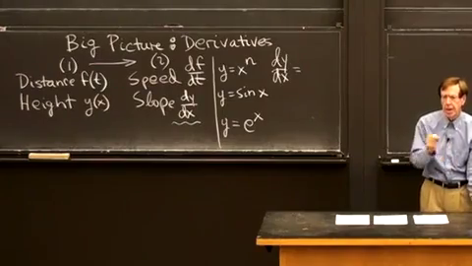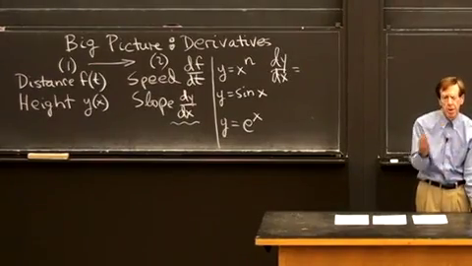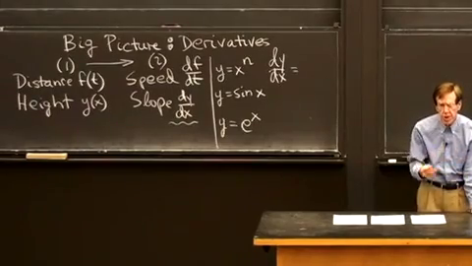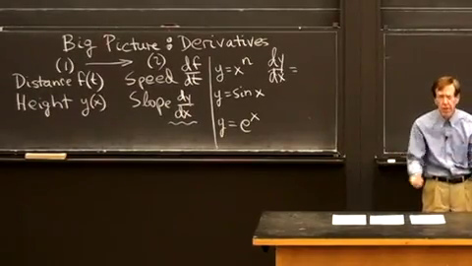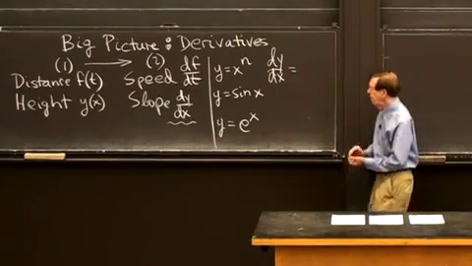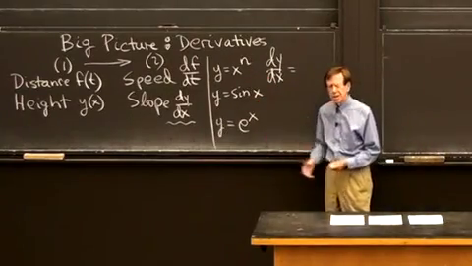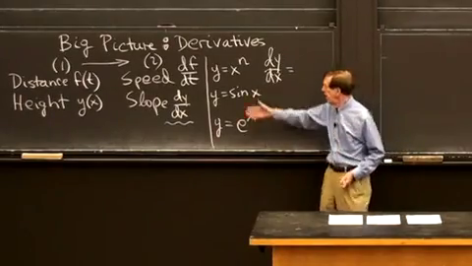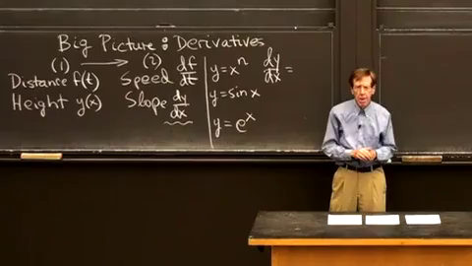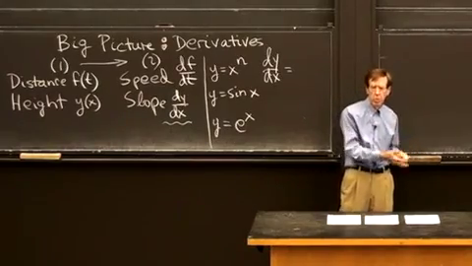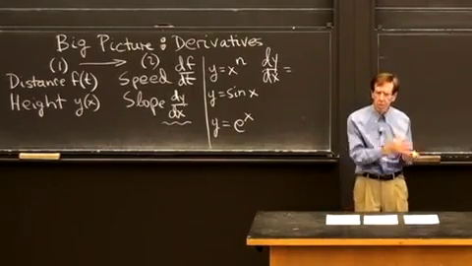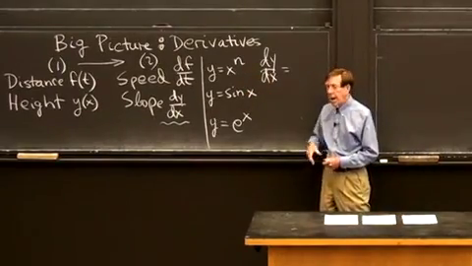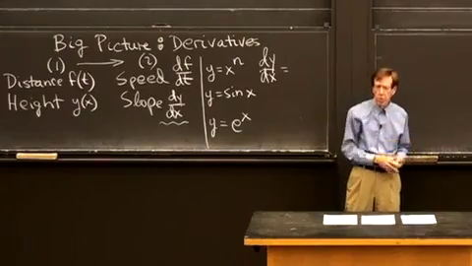And the point is that other functions of science, of engineering, of economics, of life, come from these functions by multiplying. I could multiply that times that. And then I need a product rule, the rule for the derivative, the slope of a product. I could divide that by that. And so I need a quotient rule.